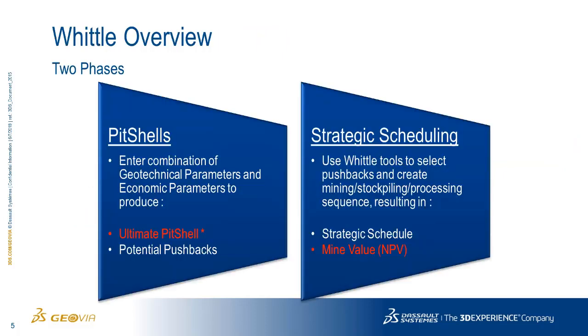Before getting into SIMO, I just wanted to confirm some basic Whittle concepts, and obviously this is a bit of a generalization, but I feel it's still a good explanation of the core workflows inside of Whittle. So essentially there's 2 main phases to the Whittle process. We have our phase 1 of the pit shells, and we have phase 2 of strategic scheduling. And just note, this is obviously not a one-time left to right operation, that we're going to need to go back and forth between the 2 and iterate and look at different options as we move from one to the other.